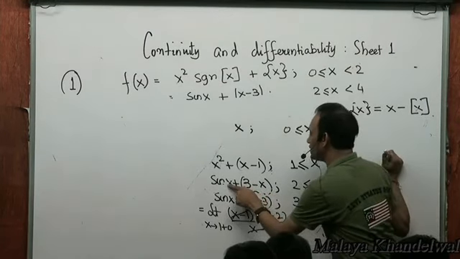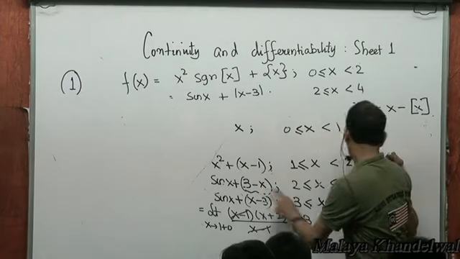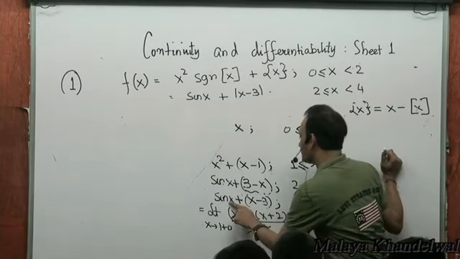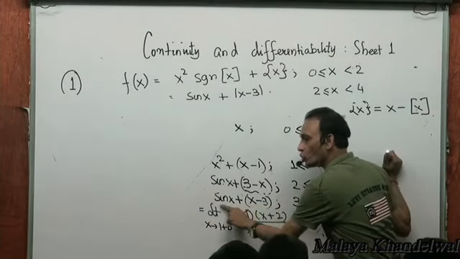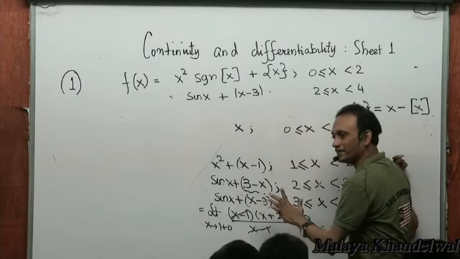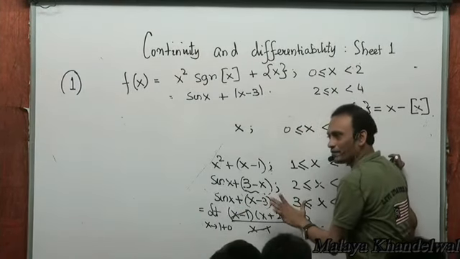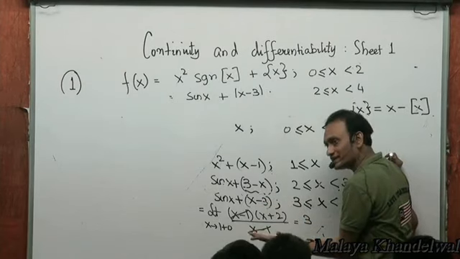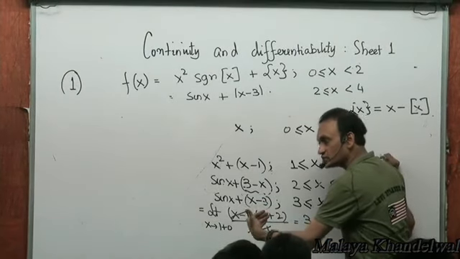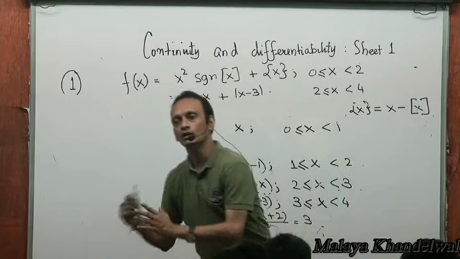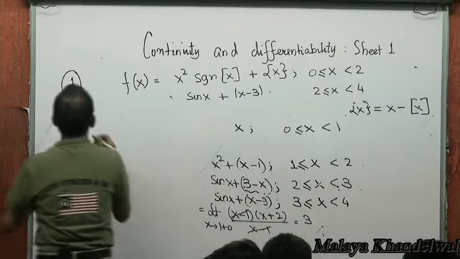So at x equal to 3, it will be cos 3 minus 1. To the right of 3, I have cos x plus 1. So cos 3 plus 1 would be the right hand derivative. So for sure, I am now convinced that it's not going to be differentiable at x equal to 3, but let's verify using first principles. Now let's go past it, right?